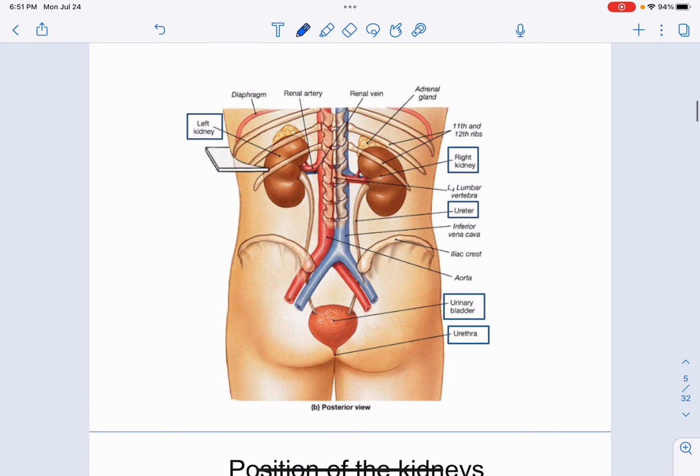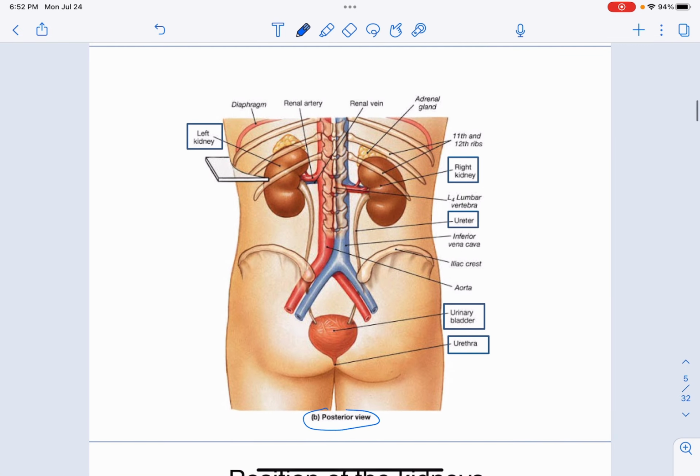So this is a posterior view, and so you're looking at the back. You can see where the kidneys are positioned. They're right by those floating ribs that we talked about when we were talking about the skeletal system. You can see that the left kidney is a little bit higher than the right kidney.